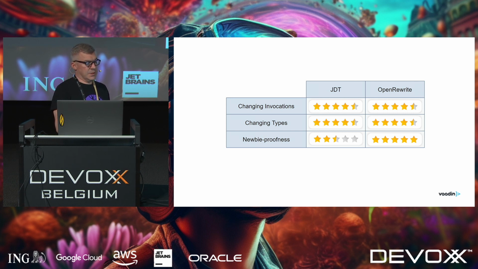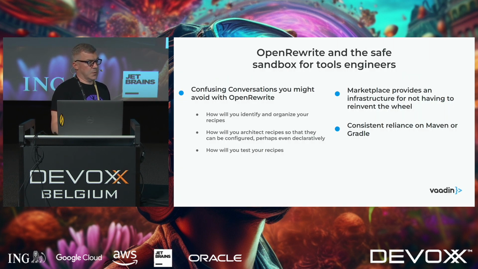There's a number of ways in which it does that. So I see OpenRewrite as providing a very safe sandbox for tools engineers, and there's a number of things built into OpenRewrite that help you simply avoid certain awkward or confusing conversations.